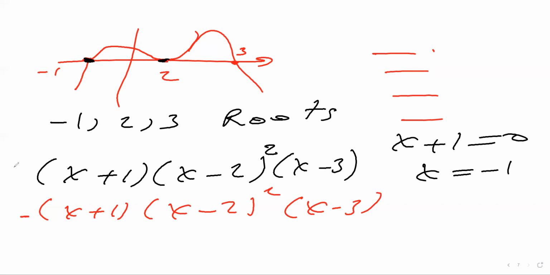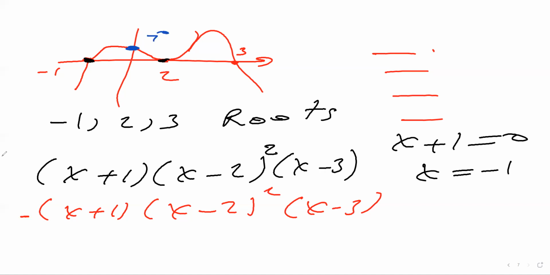Don't use the school way, that if it increases it means positive. No, guys, I follow the y-intercept. When I check the given, what is the y-intercept? When x equals 0, is it on the positive side or the negative side? When x equals 0, we have a positive number, right?